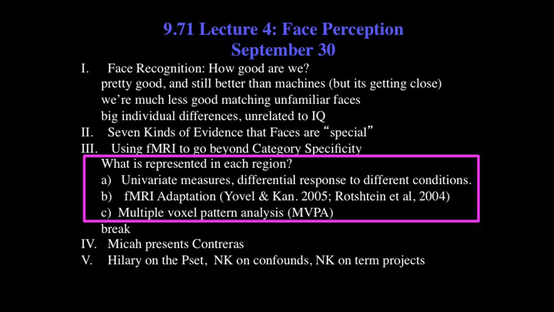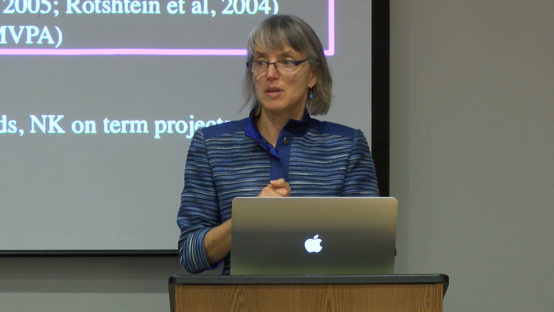The next one is functional MRI adaptation, where you exploit the higher neural response to 2 stimuli that are different compared to 2 stimuli that are the same, in order to ask each region of the brain whether it's sensitive to that particular difference. And the third one also asks whether a part of the brain is sensitive to a difference, but in this case you look at a whole pattern over a region of the brain, and you ask whether that pattern is stably different for 2 different kinds of stimuli.